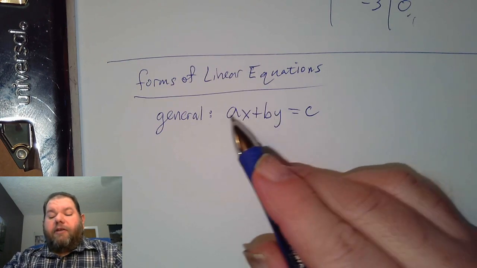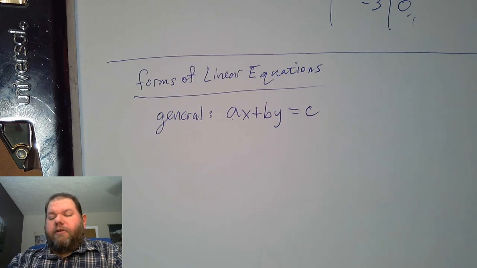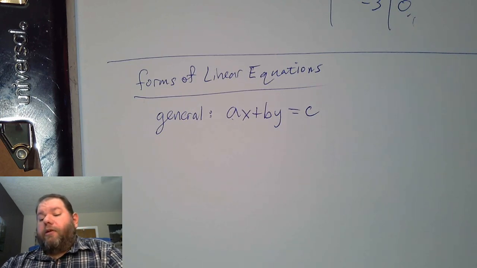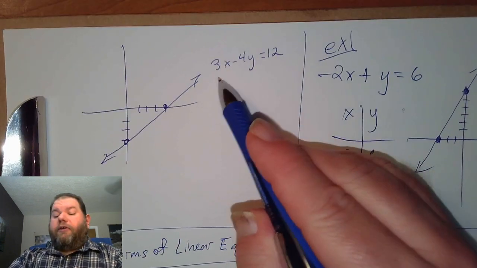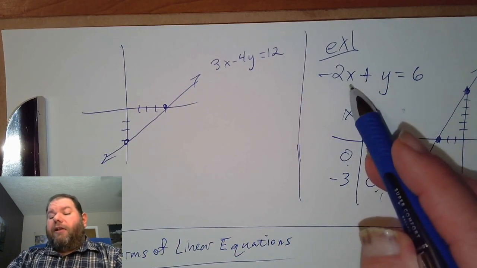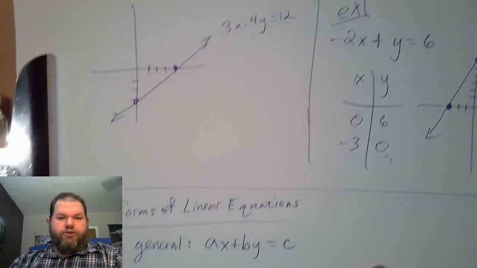Now these may be negative or positive; we just start off with positive in the equation. We can see both of these, 3x minus 4y equals 12 and negative 2x plus y equals 6, follow that general form.